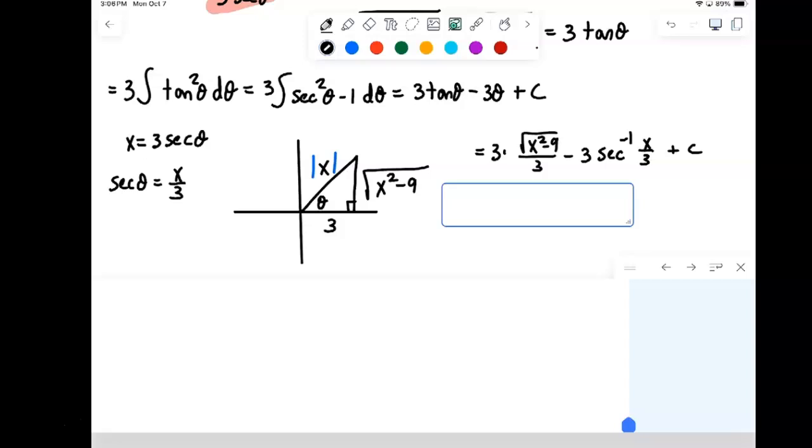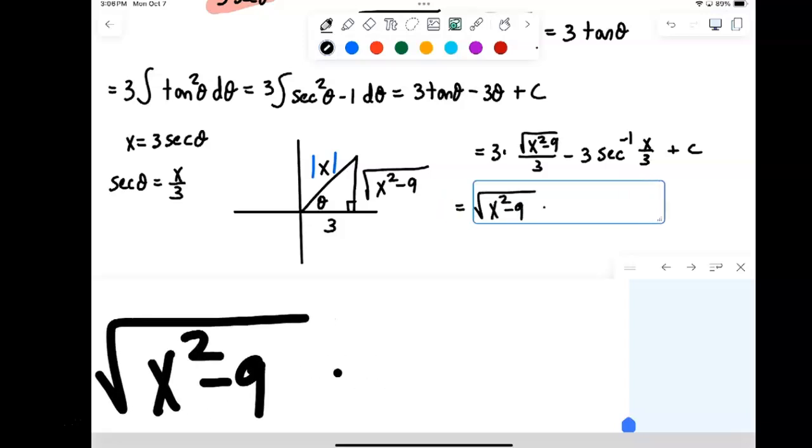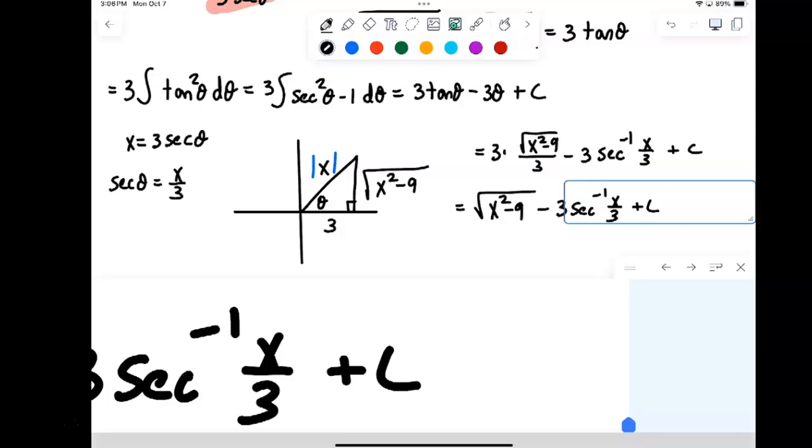Simplifying here, we will have the square root of x squared minus 9 minus 3 inverse secant of x over 3 plus our constant. Okay, so there we are. I'm ready to move on with that one.